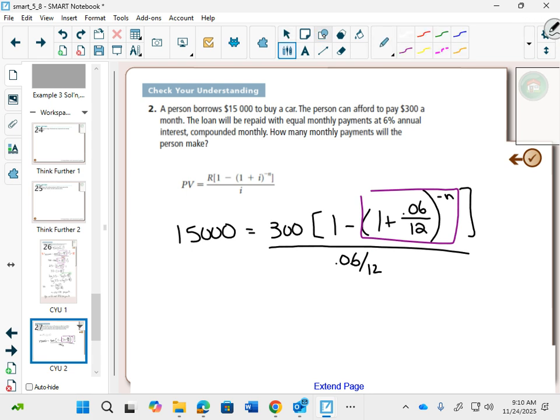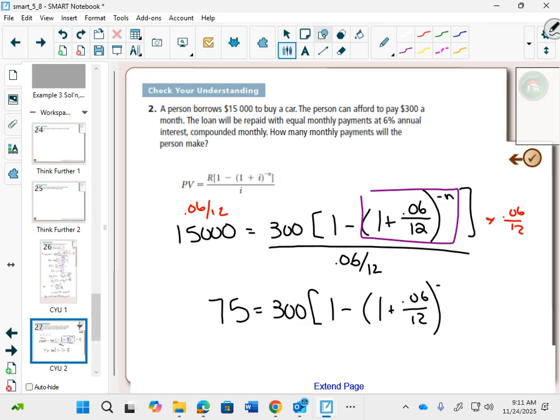So I'm going to start by multiplying both sides by 0.06 over 12. I get 75. So I still want to get this by itself.